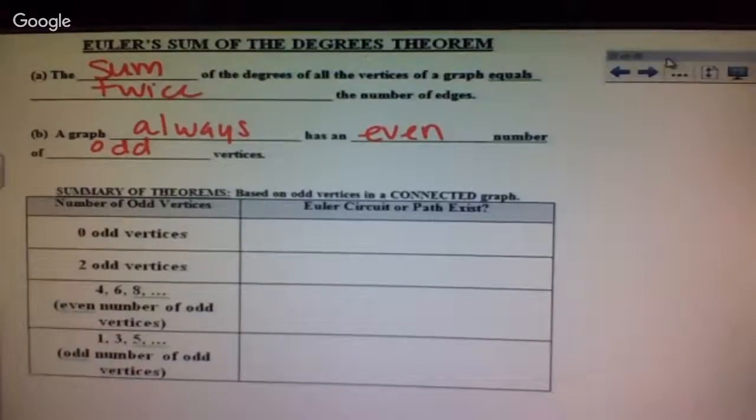Okay, summary of all this. If I have no odd vertices, what do I automatically have? Circuit. If I have no odd, that means they're all even. So if I have no odds, I have a circuit. If I have 2 odds, we've got a path.